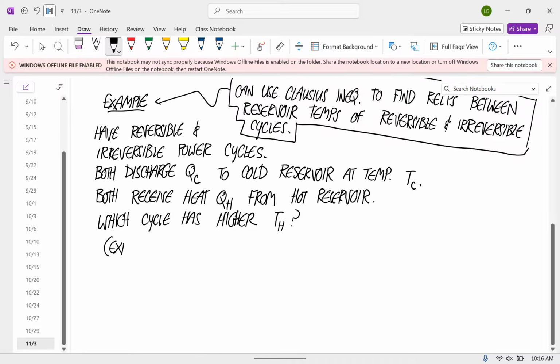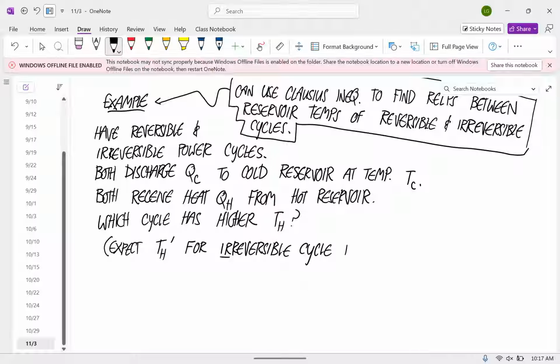So we expect TH prime for the irreversible cycle to be greater.